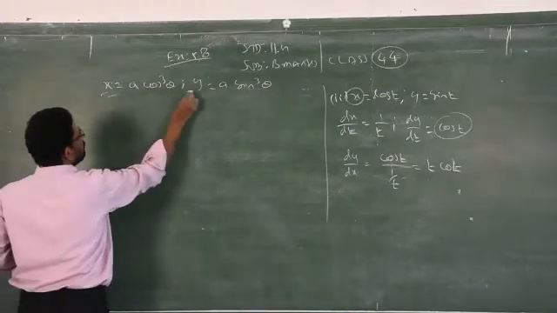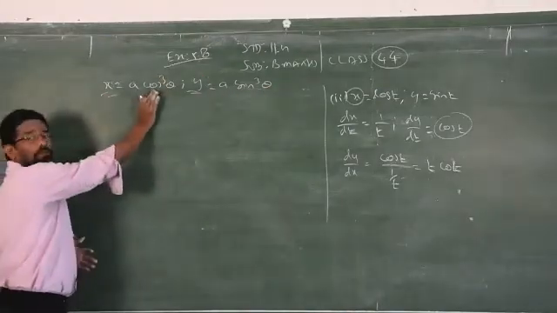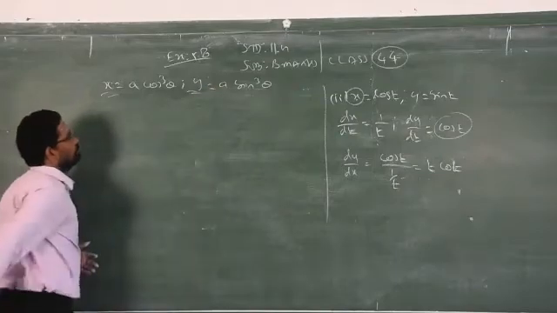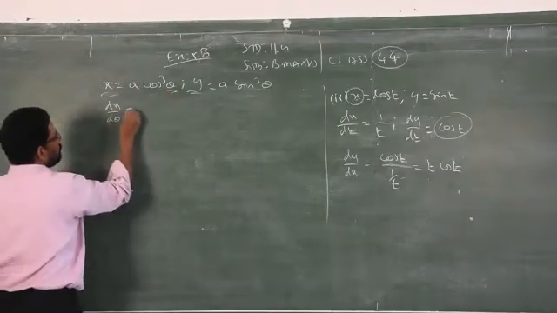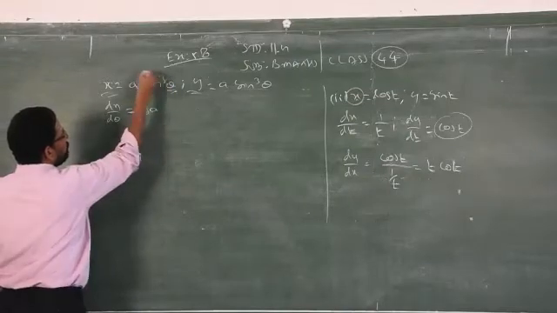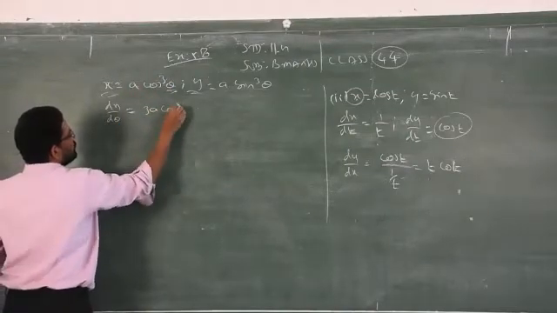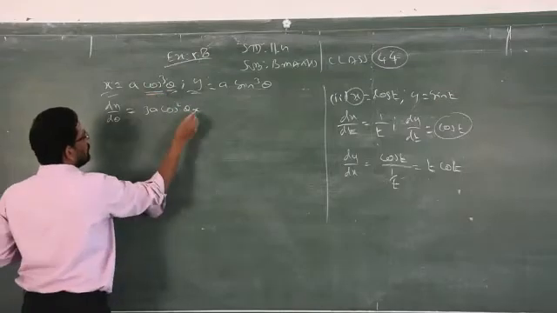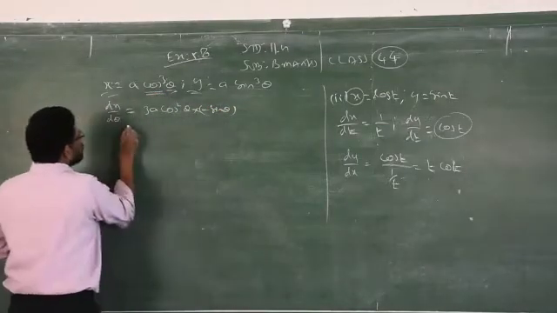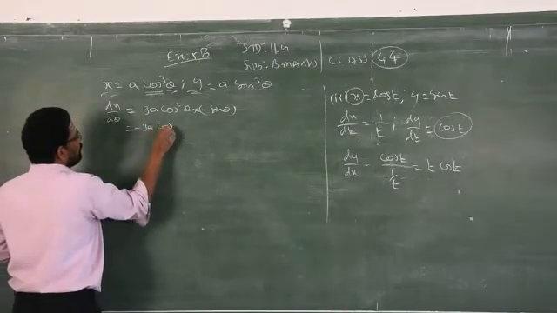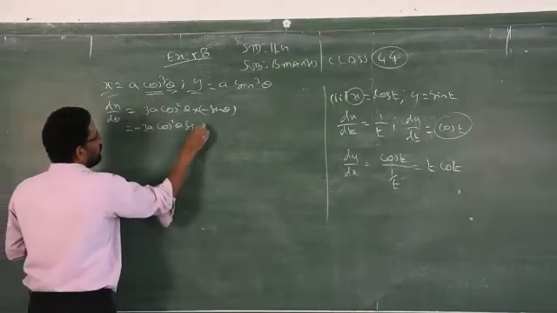That's why I am considering the parametric equation x in terms of cos, y in terms of sin theta. Dx by d theta, because theta is the variable. First you have to bring the power, then reduce 1 in the power, then you have to differentiate cos, cos will become minus sin theta. Clear? So you will get minus 3a cos square theta sin theta.